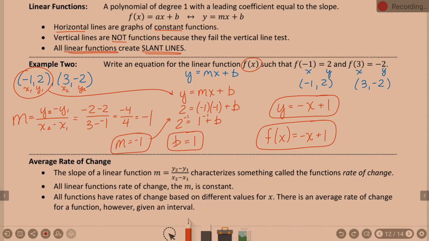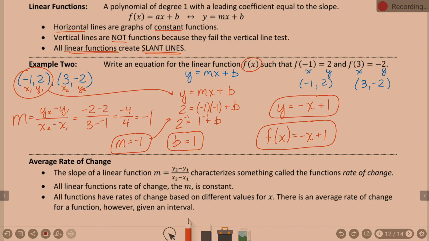For a linear function, the rate of change is basically the slope, and it's a constant value. In calc, when we start talking about functions that aren't lines, it's an average rate of change for that specific area. For a line, the rate of change is the same all the way along because it's the slope. All functions have a rate of change based on different values for x. There's an average rate of change for a function given an interval.